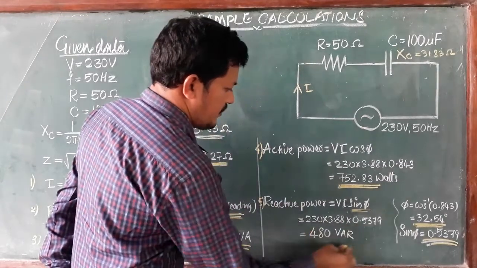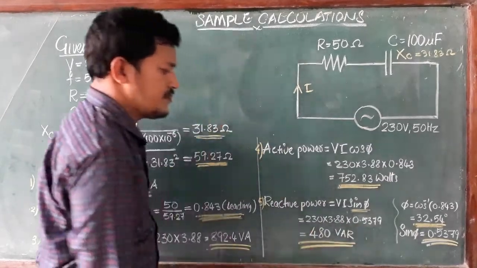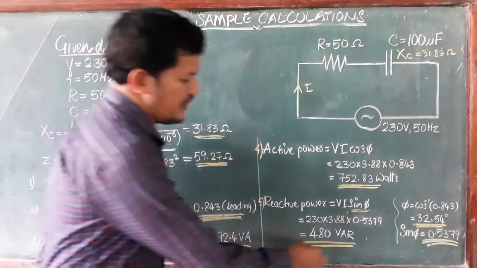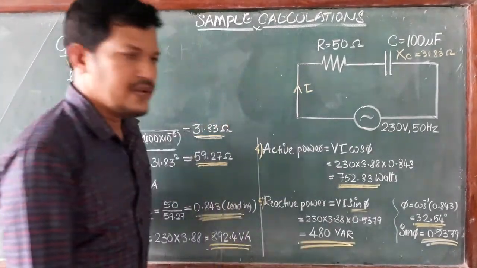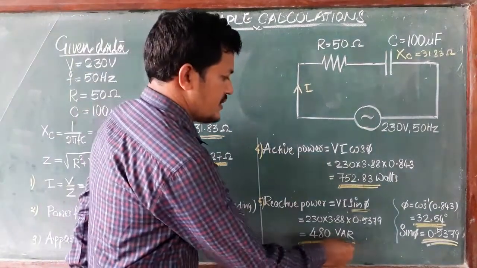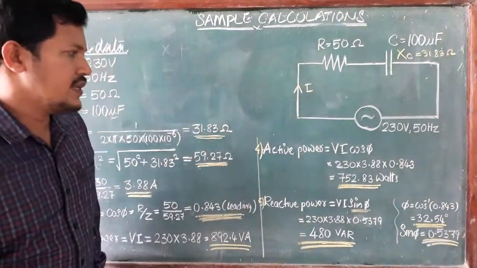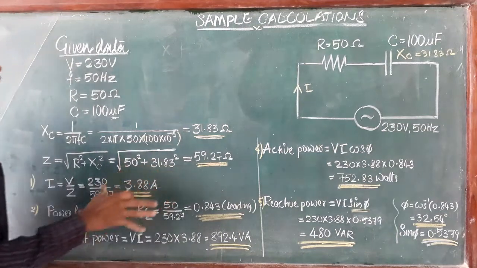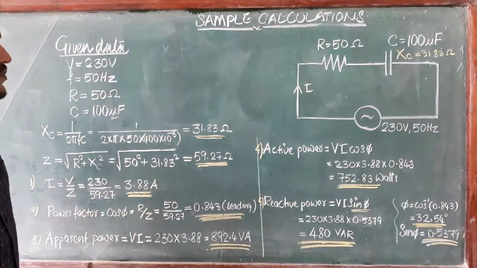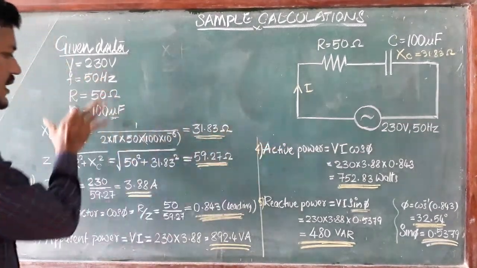Multiplying, we get 480.03, so 480 volt ampere reactive. Here R stands for reactive: volt ampere reactive. So it's one sample calculation for an RC circuit. Based on the given data, we did the calculations.